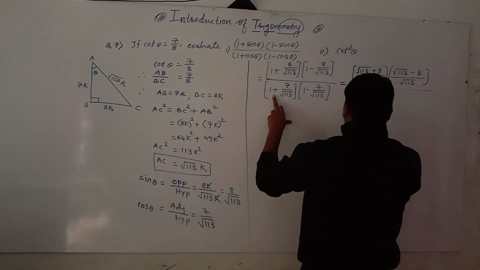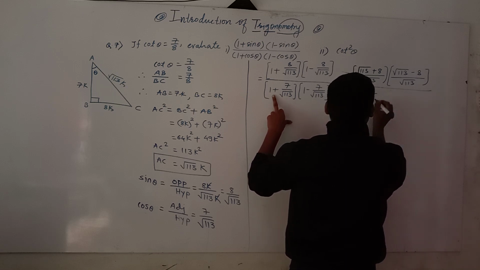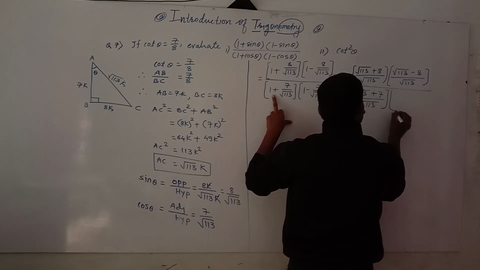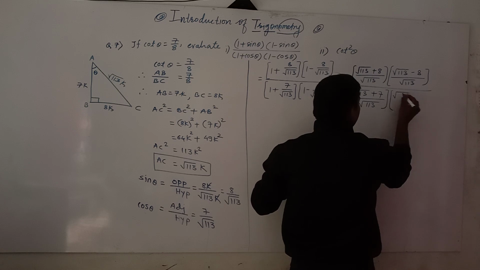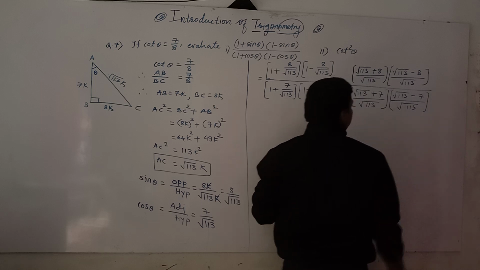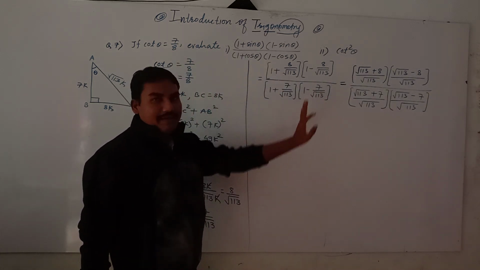Similarly, under root 113 plus 7 upon under root 113, and under root 113 minus 7 upon under root 113. Simply I have made the denominator the same.